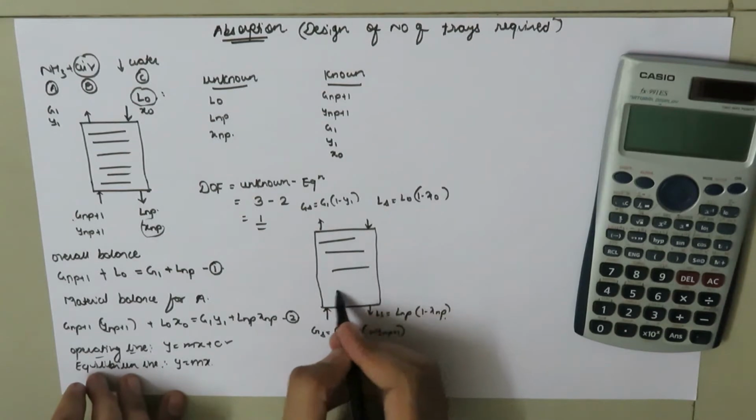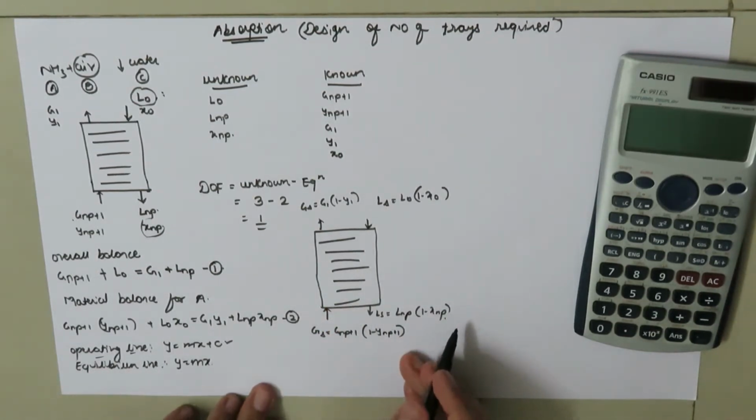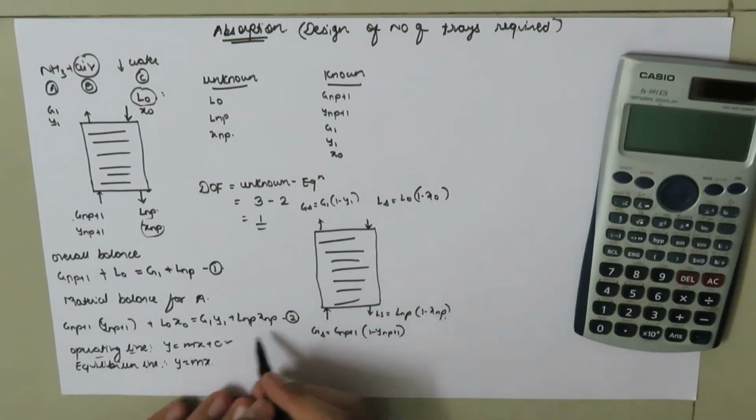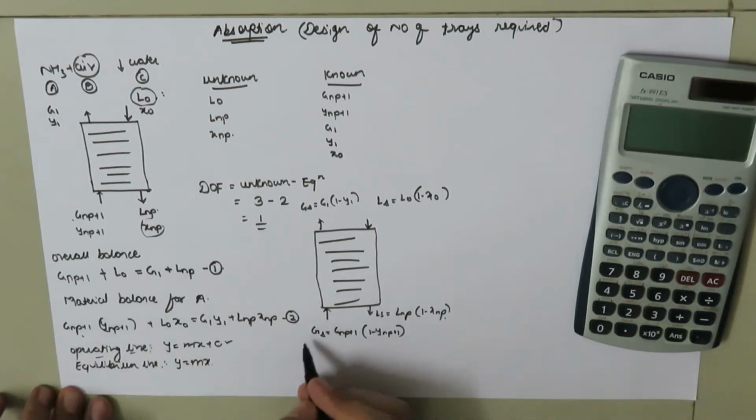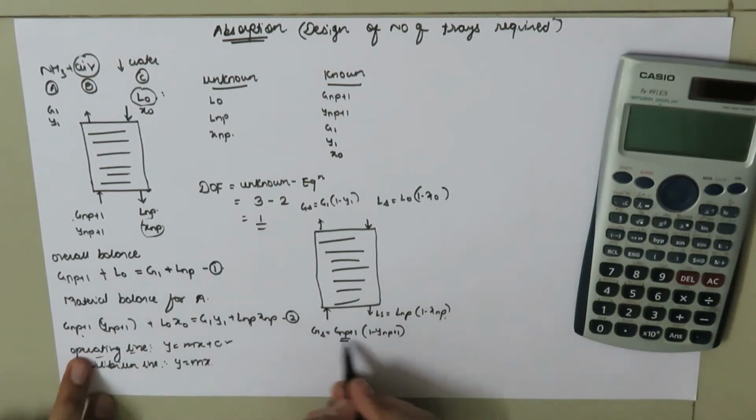And here we are going to design the trays. If we write equation number 2 in this form, G_{N_P+1} can be written as Gs over (1 minus Y_{N_P+1}).